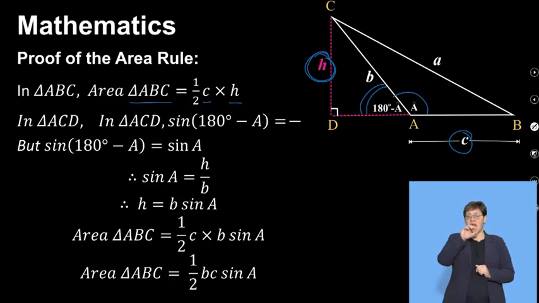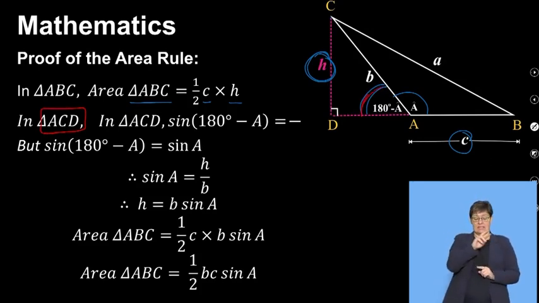Now the one thing that does change a little bit is if we look at triangle ACD again, as we did in the previous proof, but now we're using this angle.